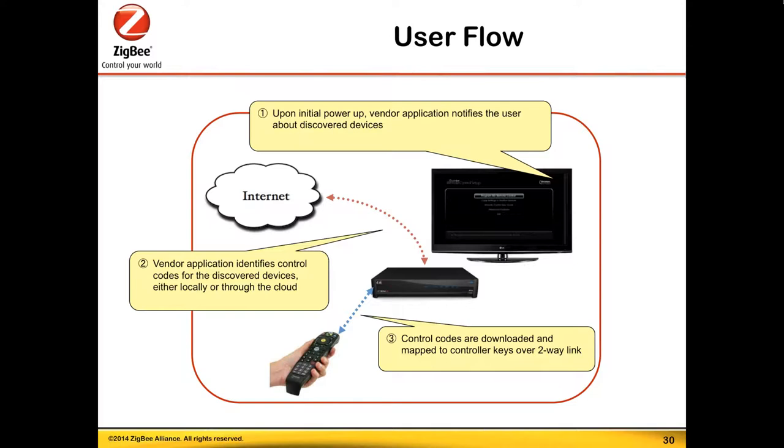Looking at the AV equipment setup, in basic terms, the set-top box is TV. You basically bring in either a new TV or you're setting up your new subscription service, and you power up the set-top box and connect it to the TV. There can be an application running inside the set-top box that automatically discovers the connected TV, either locally or through the cloud services. It has the control codes, control knowledge of that TV device.